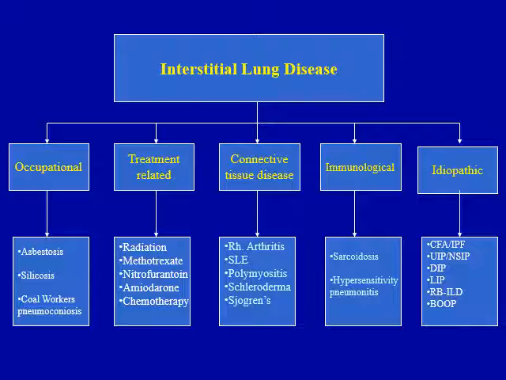And idiopathic, which forms the biggest number of cases, mainly idiopathic pulmonary fibrosis, IPF. There are other types like usual interstitial pneumonitis or non-specific pneumonitis or other causes. There are many, but the commonest one is idiopathic pulmonary fibrosis.